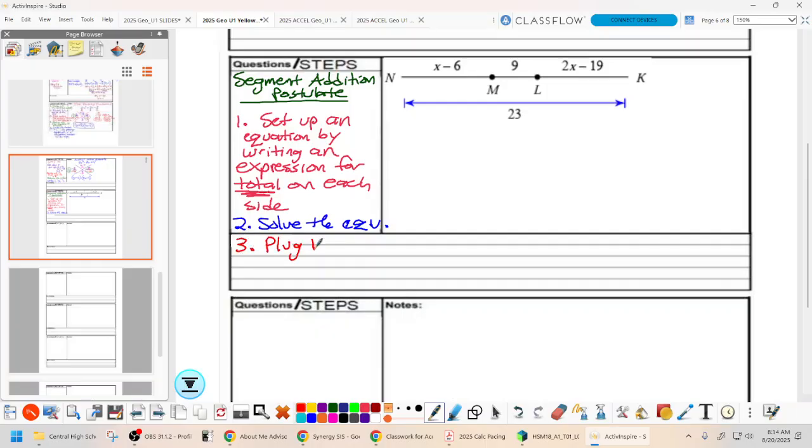Plug back in as needed. Okay. Very typical process. Geometry relationship sets up an equation that we solve and then sometimes plug back in. So take a second to get those steps and then we'll follow them to do our example.